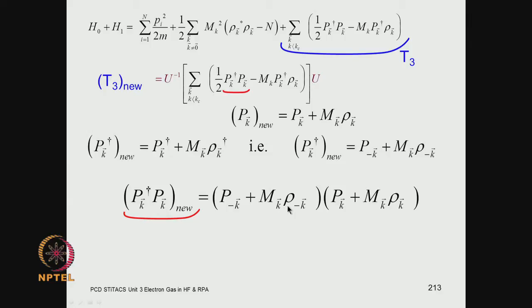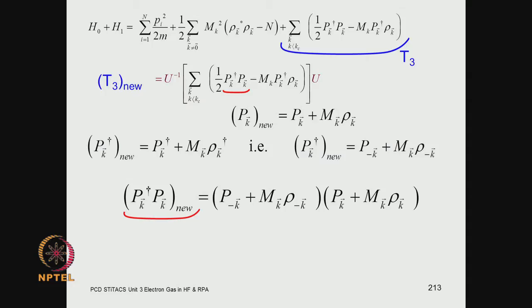The reason you are having this difference over here is because P dagger is P of minus k. This is not a self-adjoint operator. The auxiliary coordinate and momentum operators capital Q and capital P are not self-adjoint, but the Hamiltonian they generate, the H1, the auxiliary Hamiltonian, is in fact Hermitian.